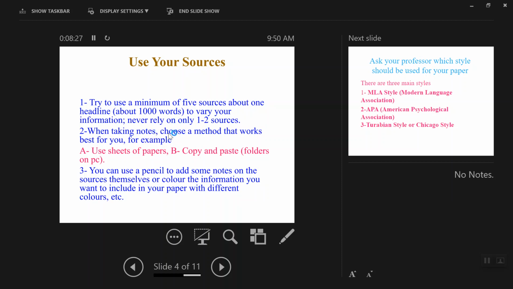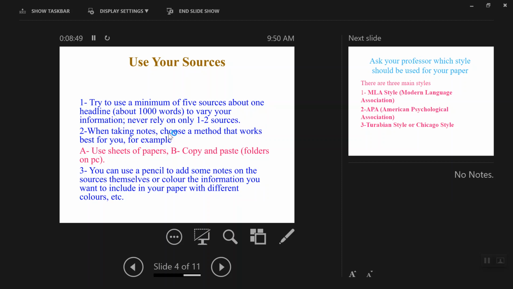Never depend here on 1 to 2 sources. Sometimes you find a headline, a student writes about this headline 2 pages. But when you check, you find only one source, for example, George Yule, The Study of Language. No, try to use more than one.